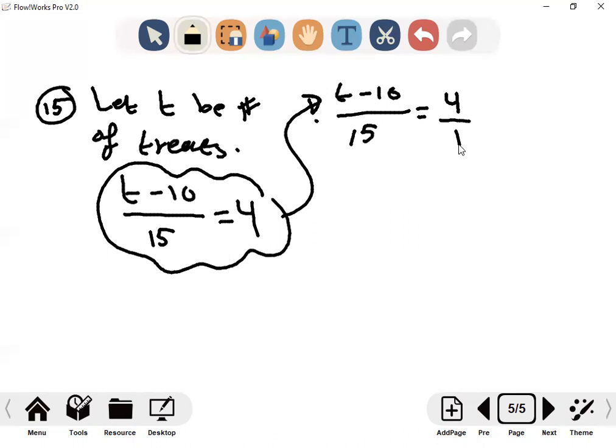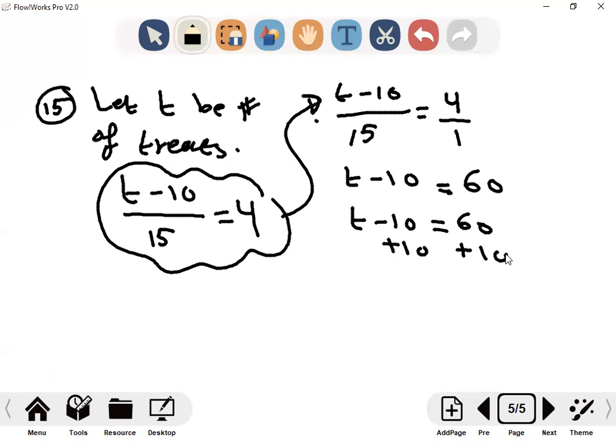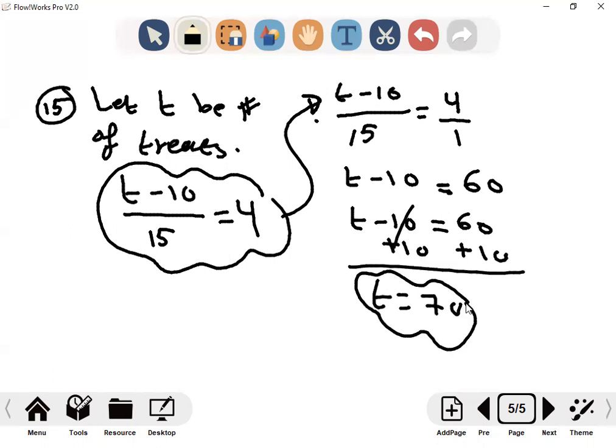T minus 10 multiplied by 1 is still the same, and 15 multiplied by 4. T minus 10 equals 60. Plus 10 now. So T will be how much? Now we know the T, right?